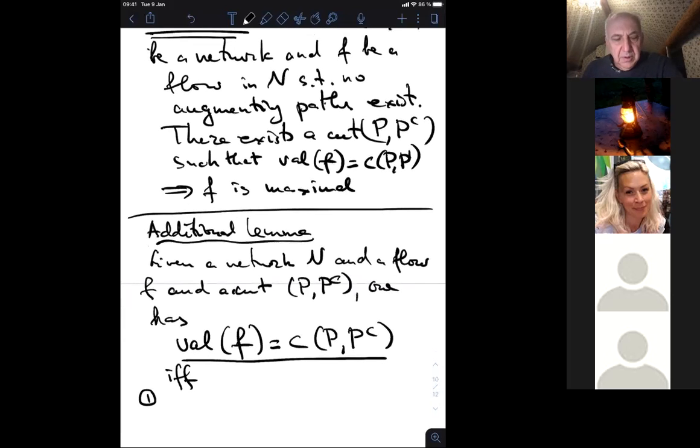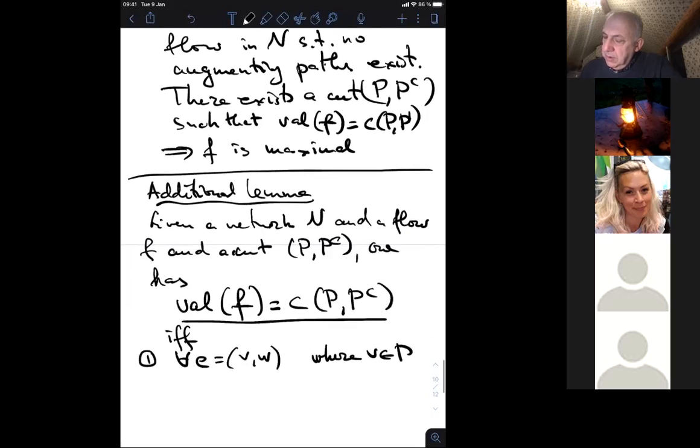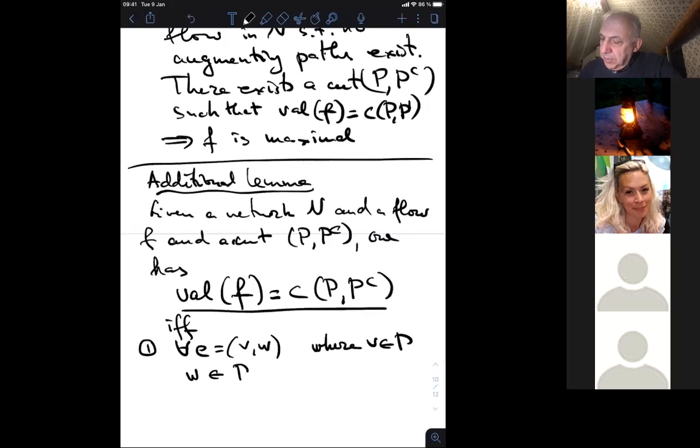One, for any edge E going from V to W, where V belongs to P and W belongs to P complement, we should use its capacity fully.